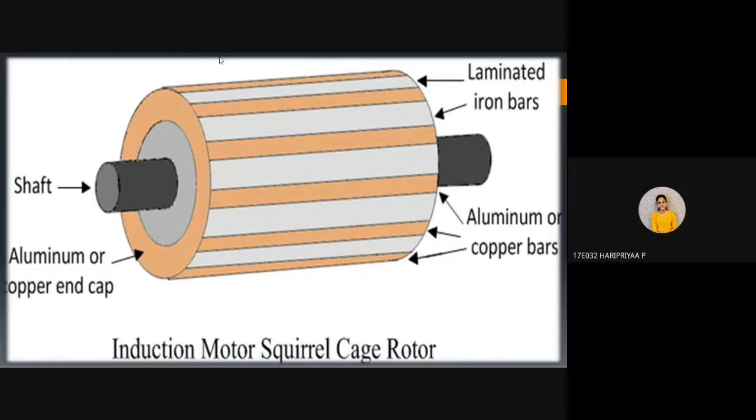The rotor slots are not parallel to the shaft but skewed to reduce humming, provide smoother torque for different positions of the rotor, and reduce magnetic locking of the stator and the rotor.